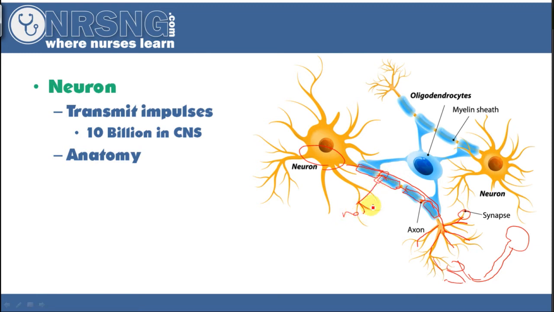This is the node of Ranvier. So it allows the little impulse to hop over and travel much faster. And like I had said, the synapse is going to be here in this little synaptic cleft. So that's the myelin sheath, the neuron, and that's kind of how that works.